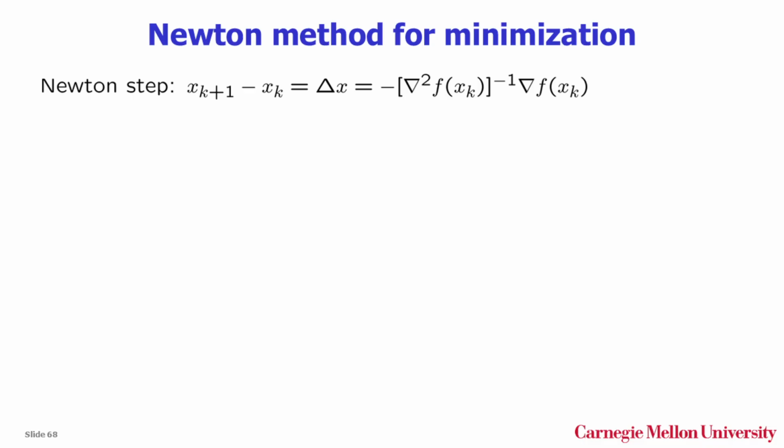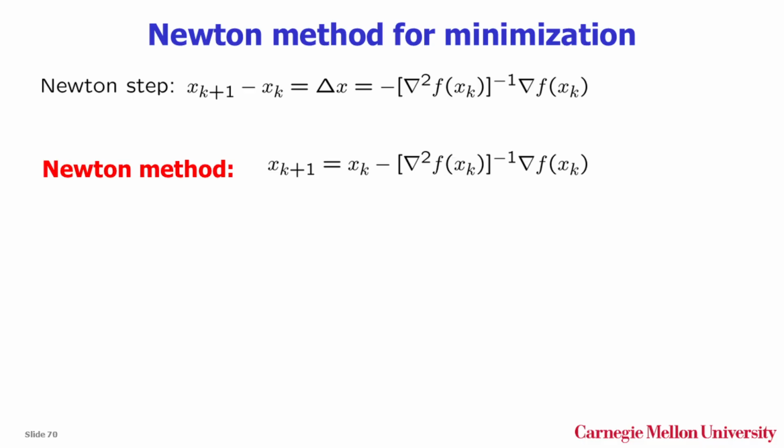As discussed, the Newton step is given by this equation. From this, we obtain xk plus 1 equals xk minus the inverse of the Hessian times the first derivative of function f. This is the update rule of Newton's method for optimizing a function.